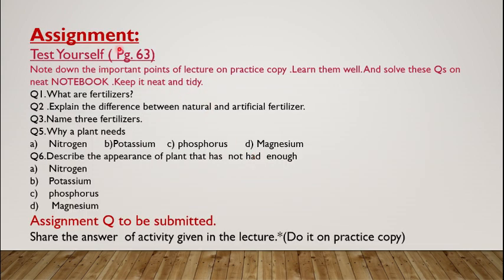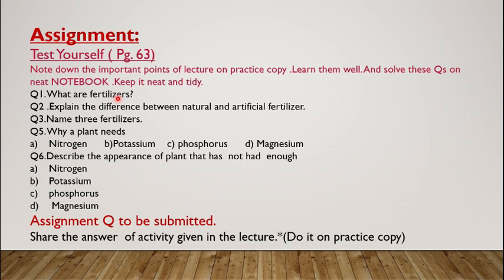And there is an assignment for you, that is Test Yourself, page number 63. There are some instructions. Note down the important points of the lecture on your practice copy first of all. Then you have to learn them well and solve these questions in your notebook. Keep it neat and tidy. The questions are: What are fertilizers?